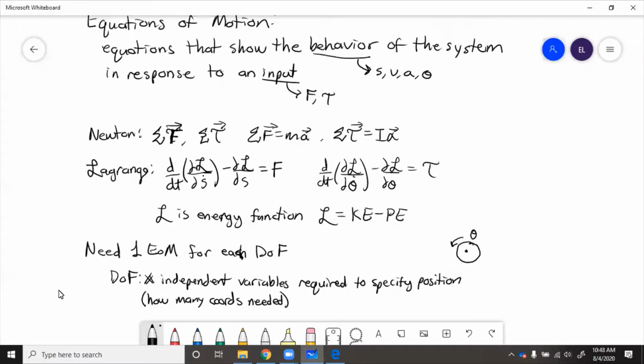Now, if you have a block that's moving along the ground, then x is its degree of freedom because it's moving in the x direction.